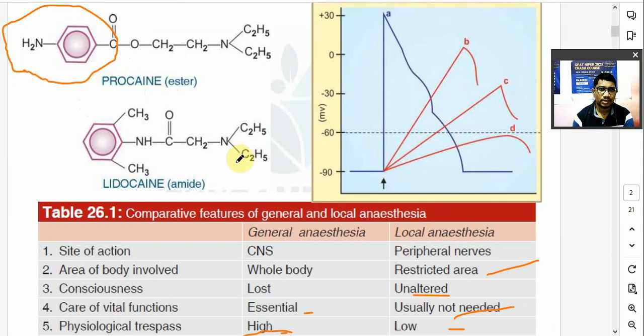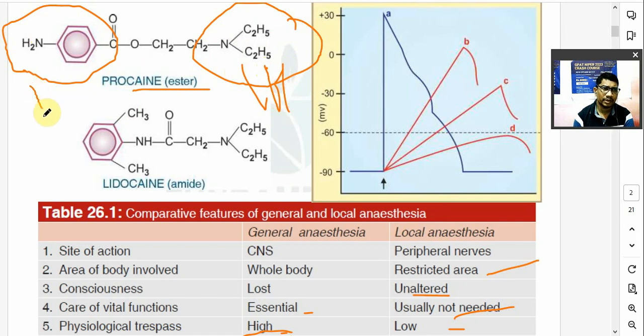So this is a local anesthetic belonging to the ester category, with the ester COOR. And this portion is known as the nitrogen. The tertiary nitrogen is hydrophilic in nature, and this one is known as lipophilic in nature.